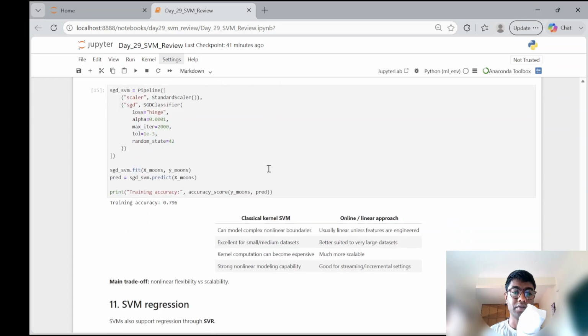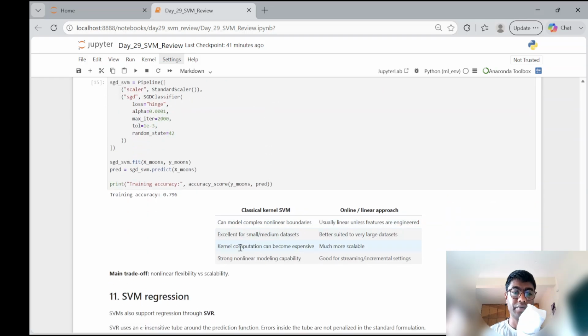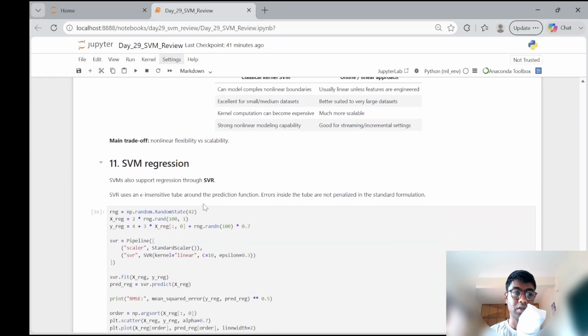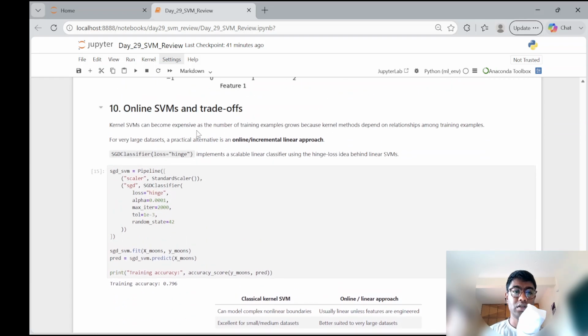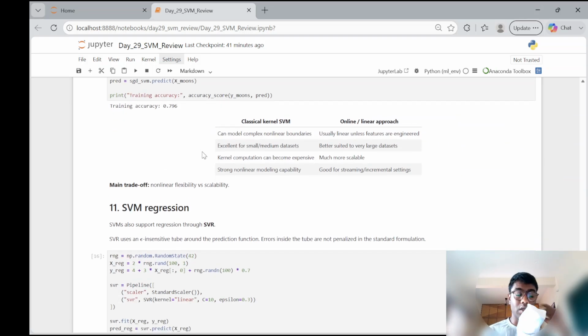In the classical case, we have a predefined dataset, and for any new data we need to retrain the entire model. Just understand there is online and batch learning, which we looked at in our initial introductory sections, not at the start of SVM but maybe somewhere around the first week or so.